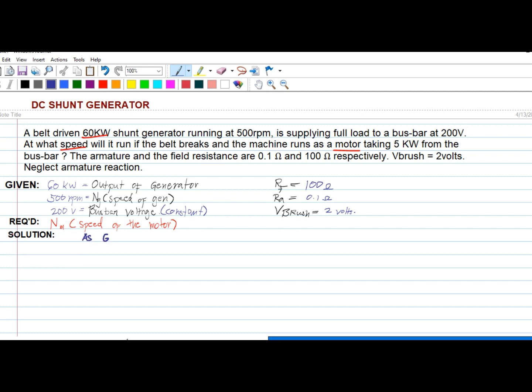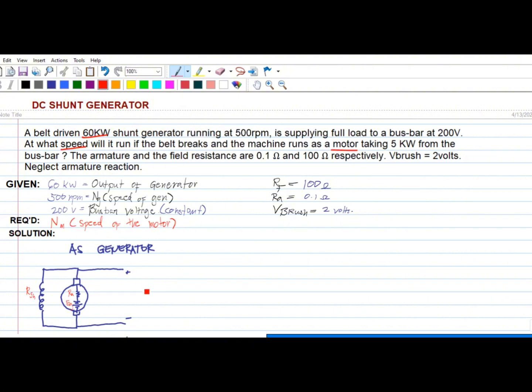At first it is a generator, with the positive going to the bus bar and the negative. Generator I_L, I_A, and I_SH.